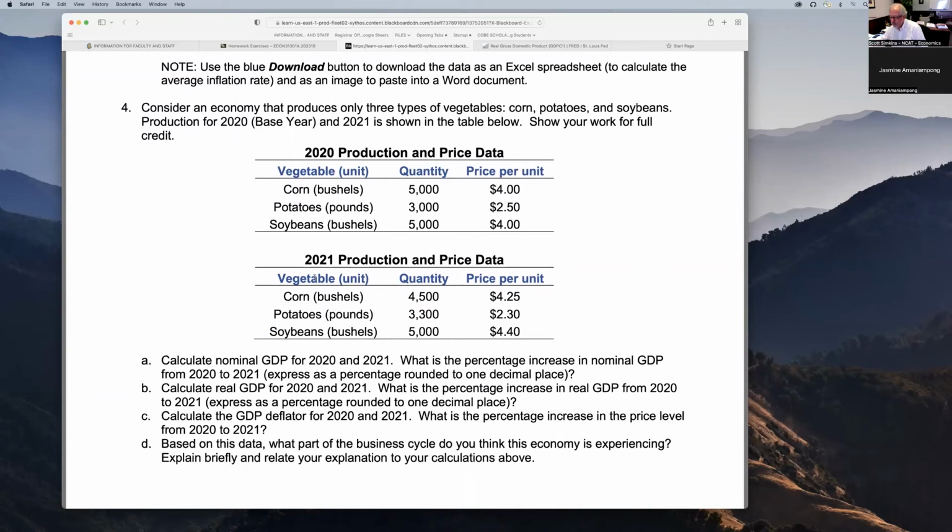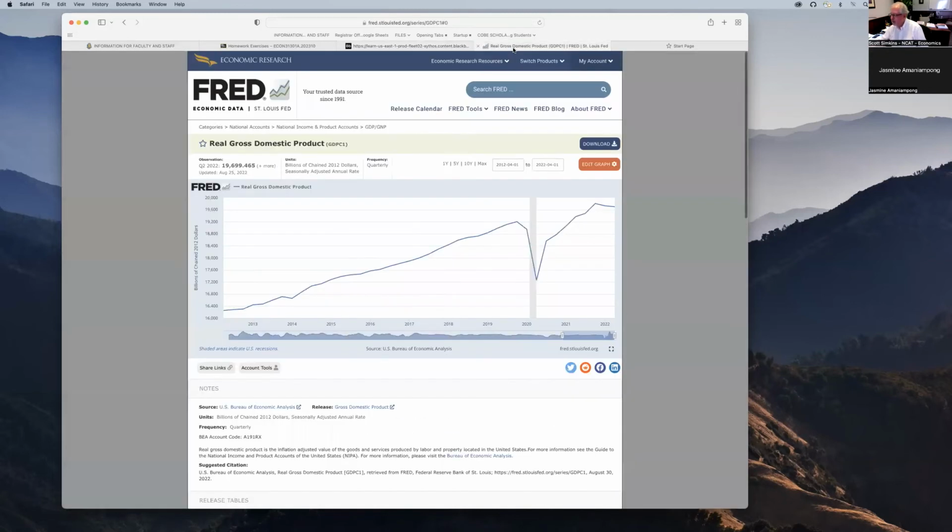When the growth rate was negative, it would be the opposite. This is not the example, but this is what's actually happening in the US economy. That's what it means: real GDP is declining, so it'll be a negative growth rate in that case.